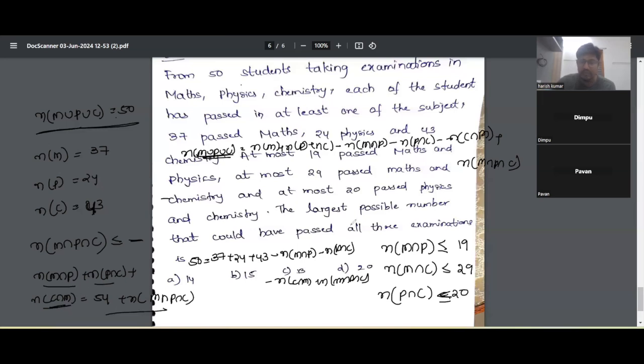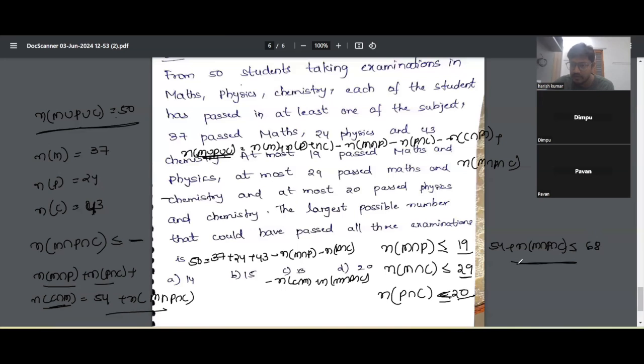So this entire thing, that is my 54 plus n of M intersection P intersection C, will be less than or equal to 19 plus 29 plus 20. 19 plus 29 is 48. 48 plus 20 is 68.